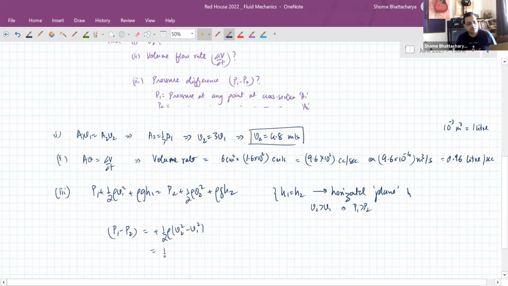So when we calculate this, this will be in pascals. That's 500 into, I can take 1.6 square common.